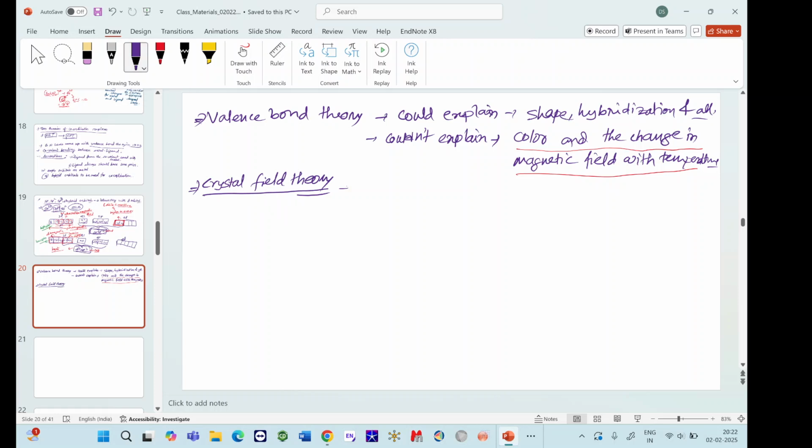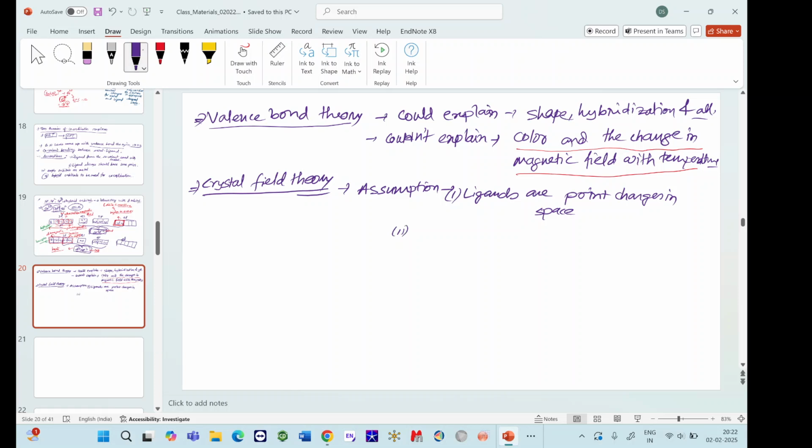So crystal field theory is different from valence bond theory. Its assumptions are completely different. It assumes that ligands are point charges in space. Okay.